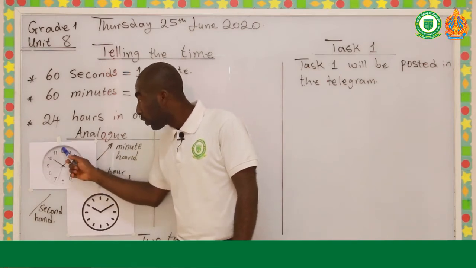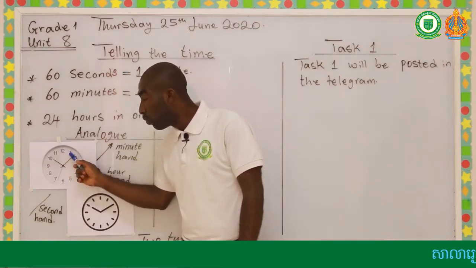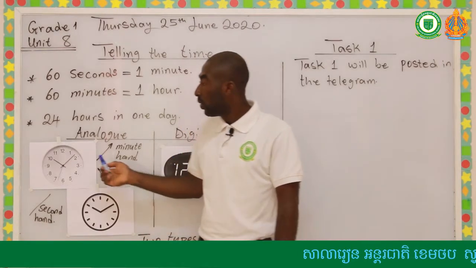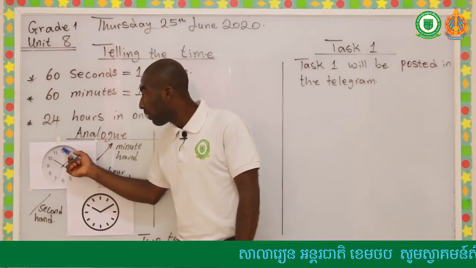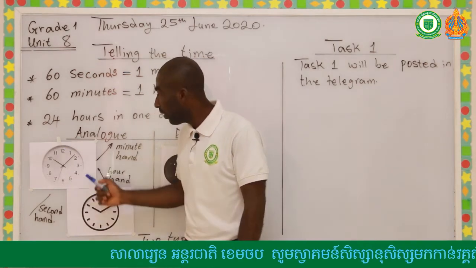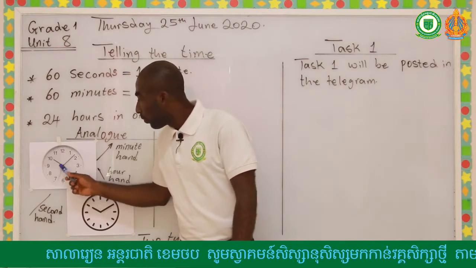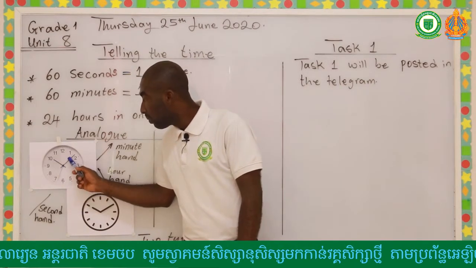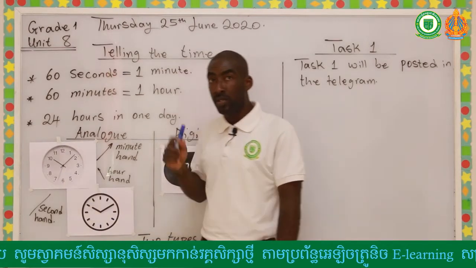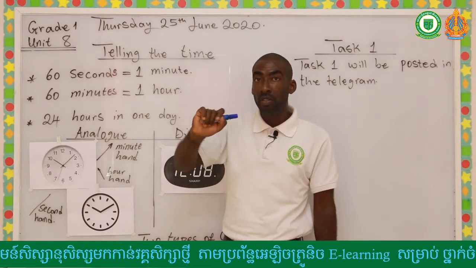So the space from 12 to 1 is 5 count, which means that we have 1, 2, 3, 4, and 5. So you have these bars or these lines on your clock. You see some metal that goes round on your clock.